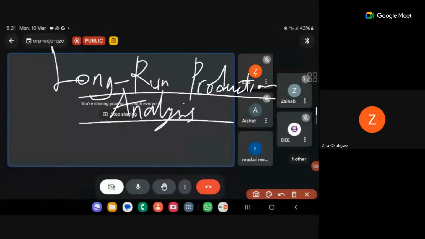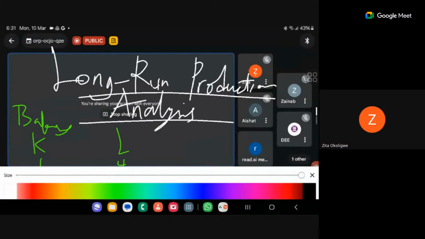So let's talk about our bakery business in the long run. Let's say initially, as you're running the bakery business, K represents oven and L represents bakers. You started off with one oven and four bakers.